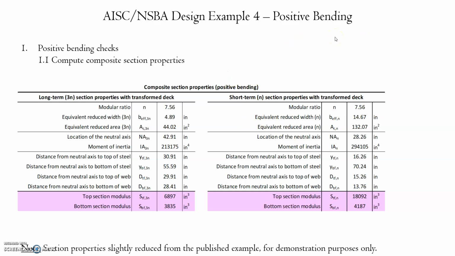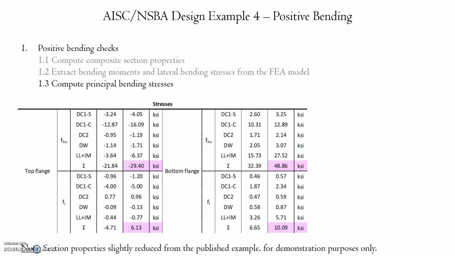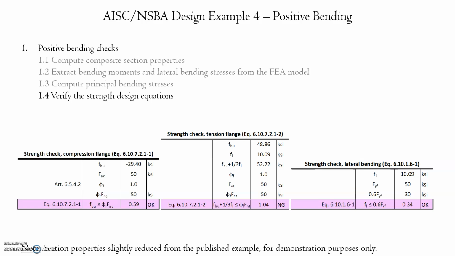The first step is to look at these composite section properties, extract the bending moments and the lateral bending stresses from the FEA model for the different models, DC1S, DC1C, etc. Compute the principal bending stresses, including the load combination factors from the strength 1 design combination from AASHTO. And finally, verify the strength design equations from the 10th edition of the AASHTO LRFD bridge design specifications.